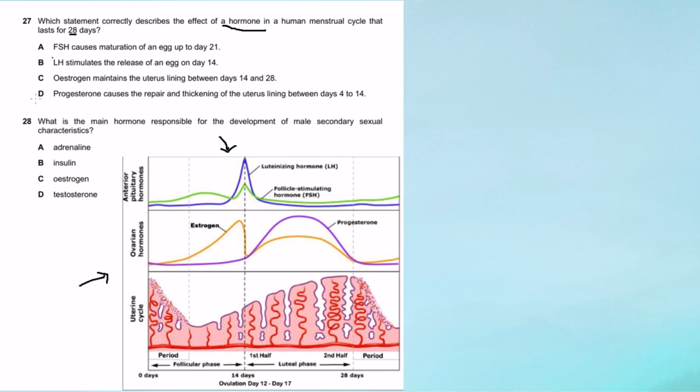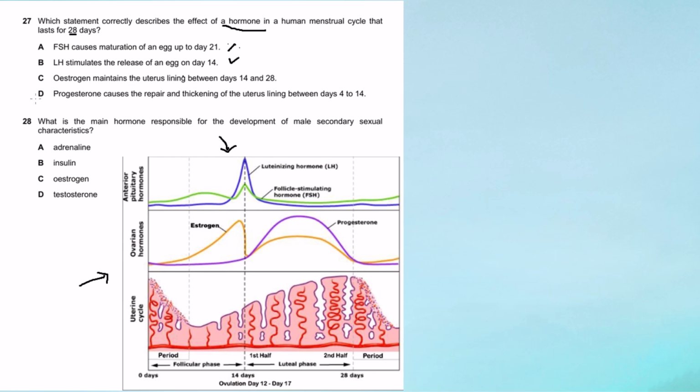So they first say FSH causes maturation of an egg up to day 21. We can see FSH here peaks at day 14. So nah, this one it can't be. LH stimulates the release of an egg on day 14. Well, on day 14 here, we see a peak in LH, and we see the follicular phase ending here, so that's a possible one.